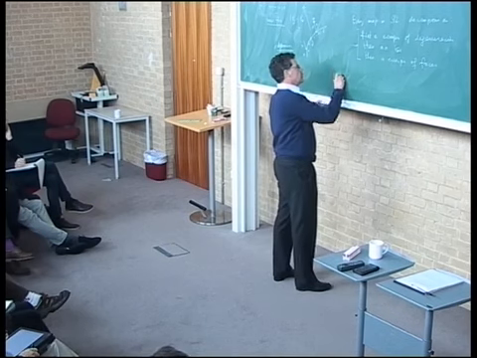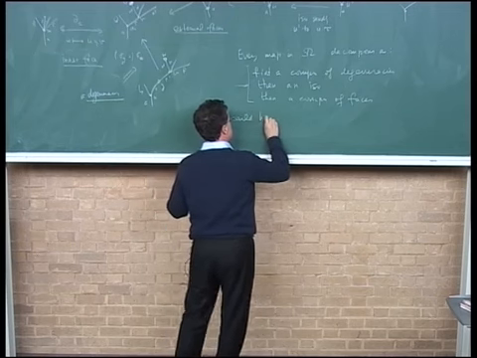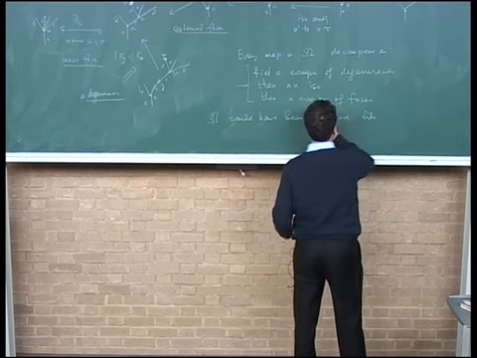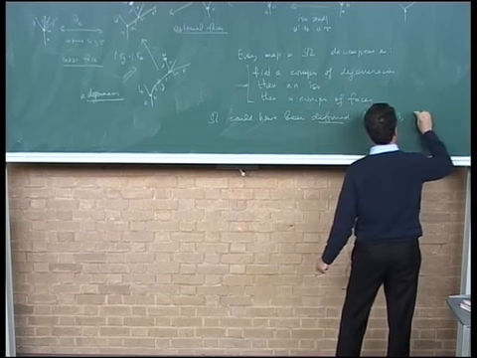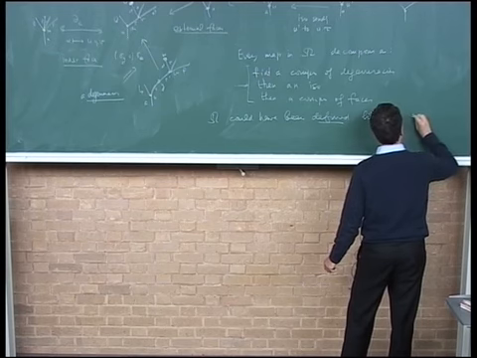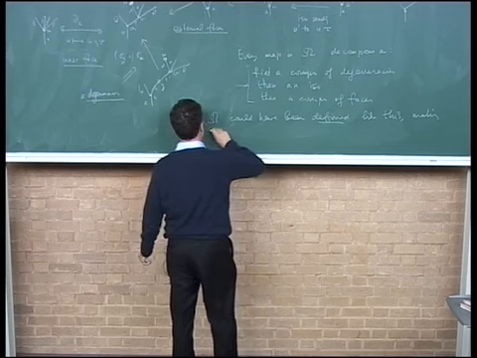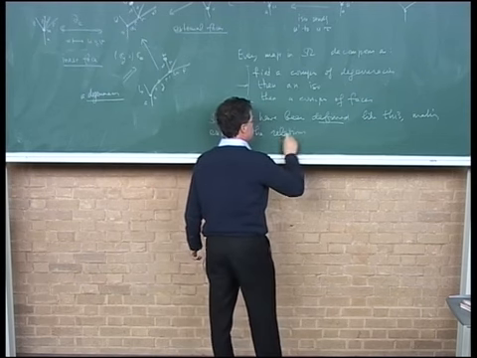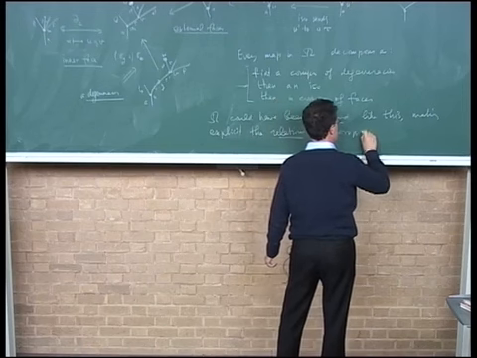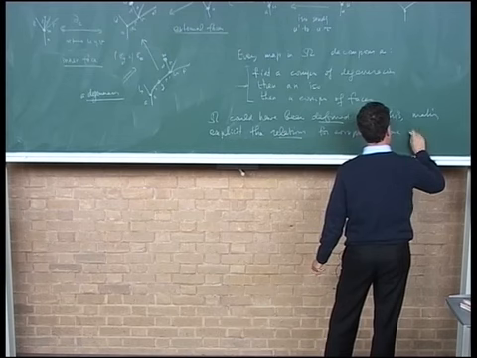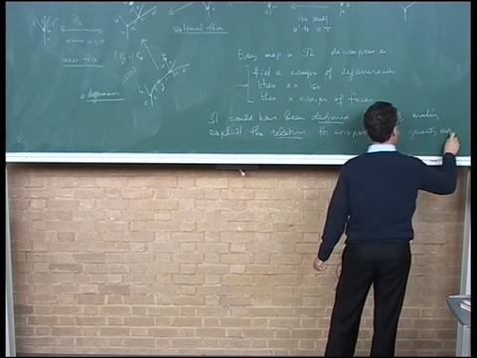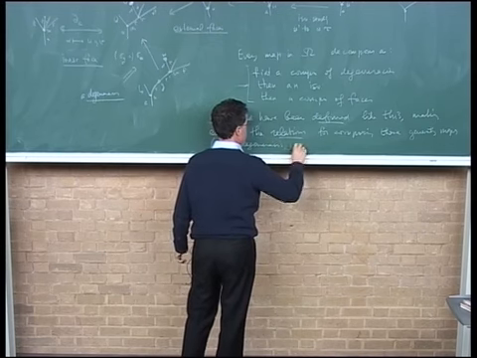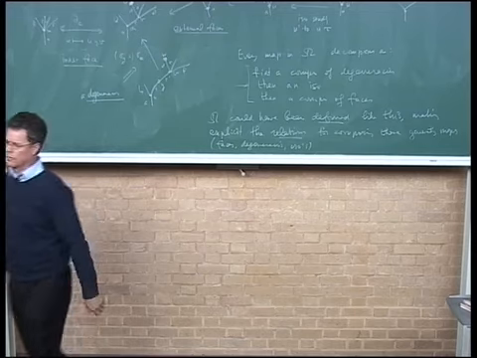So omega could have been defined like this, making explicit the relations for composing these generating maps: faces, degeneracies, isos. Okay, you can write down the equations for the composition of two faces, for example.